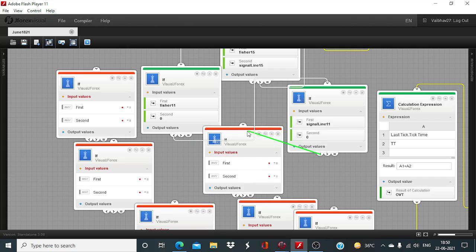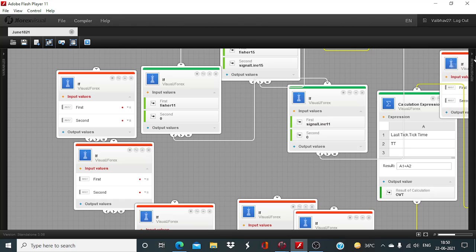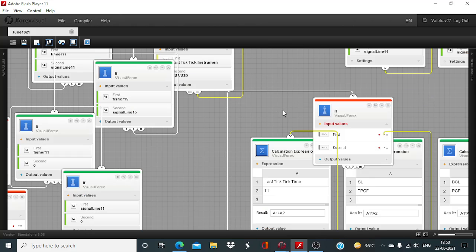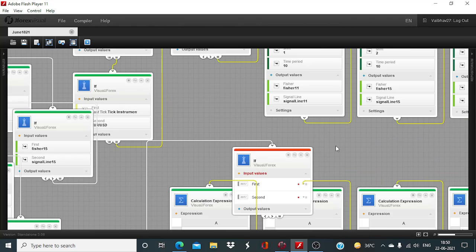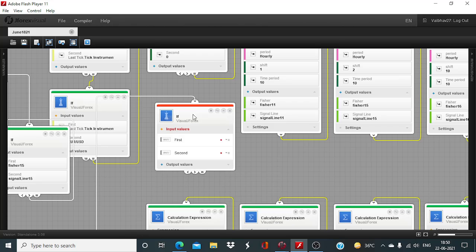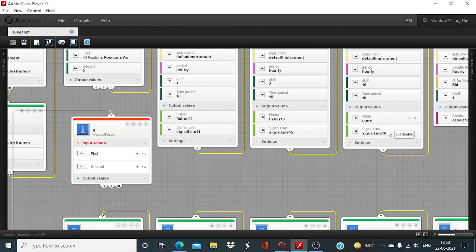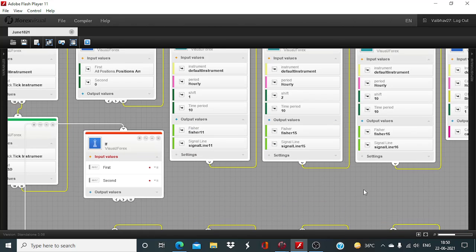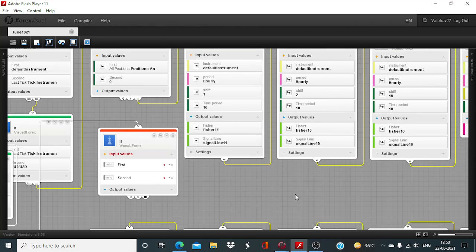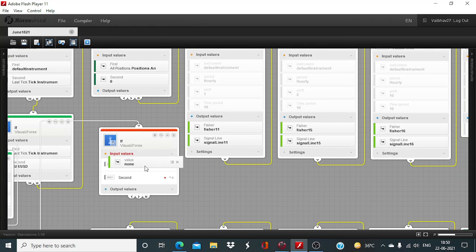First input less than second input. And then we have to compare the Fisher 11 and signal 11 with Fisher 16 and signal line 16 respectively. And we need Fisher 11 to be below the Fisher 16.